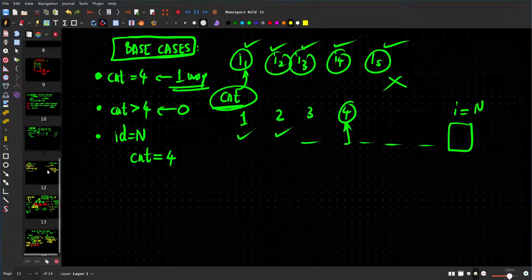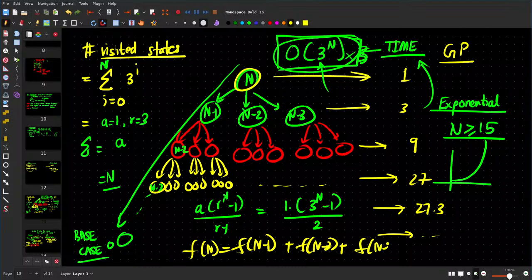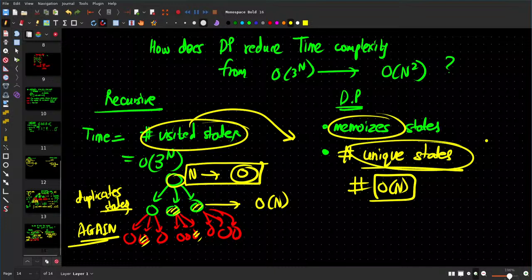I was explaining this for a recurrence relation, which was something like this: Fibonacci with the last 3 terms. So for this, we had original recursive time complexity order 3 raised to n, but for recursive memoization with dynamic programming, we changed it to order n by memorizing all the states.